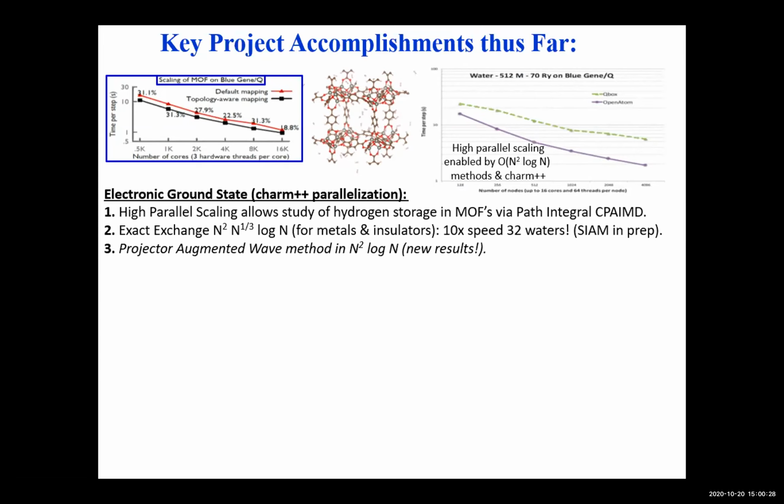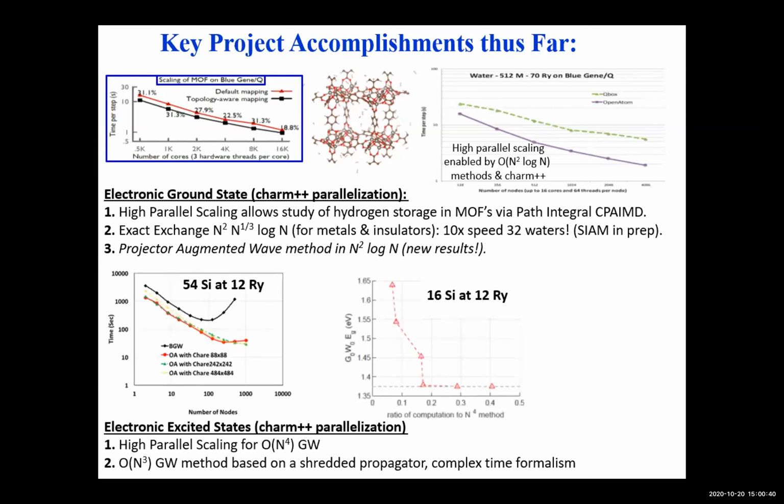We've also done some methods development to reduce the scaling of things like exact exchange. And I'll tell you about our new projector augmented wave to allow us to study metallic systems. The electronic excited state work, which is led by Saurabh, you'll hear about next. We've done a highly scalable calculation on, again, Blue Gene.